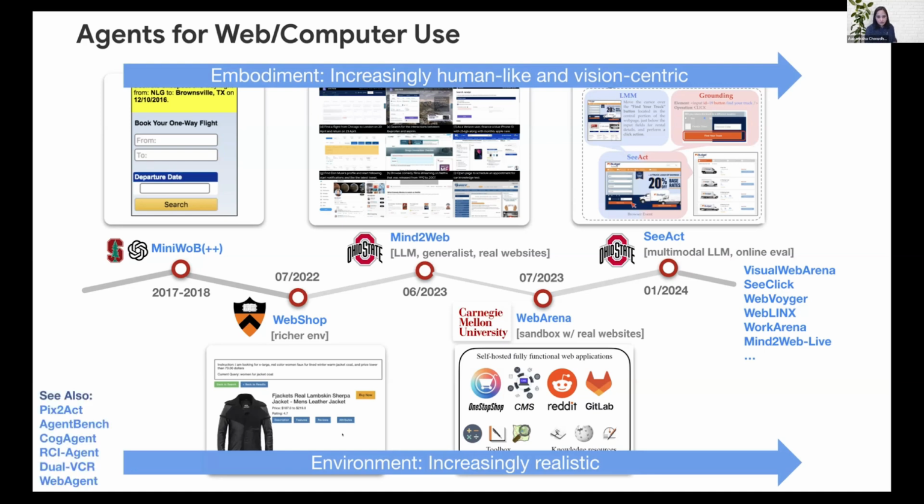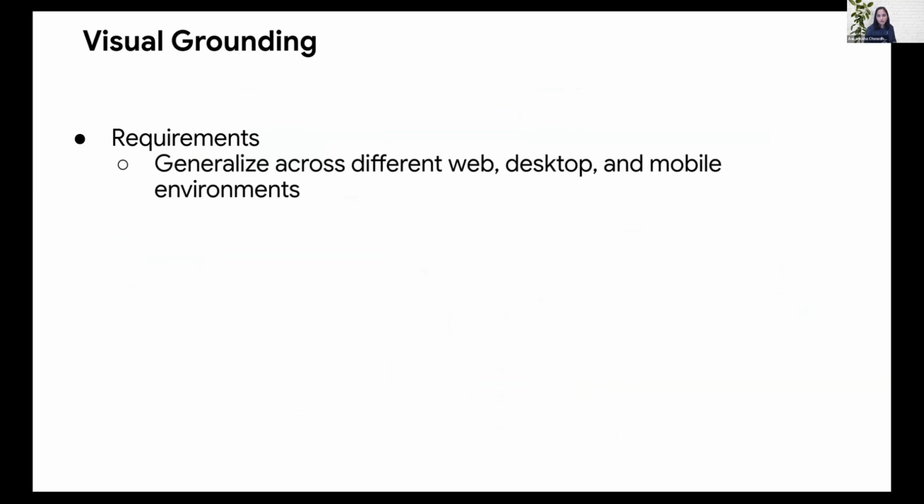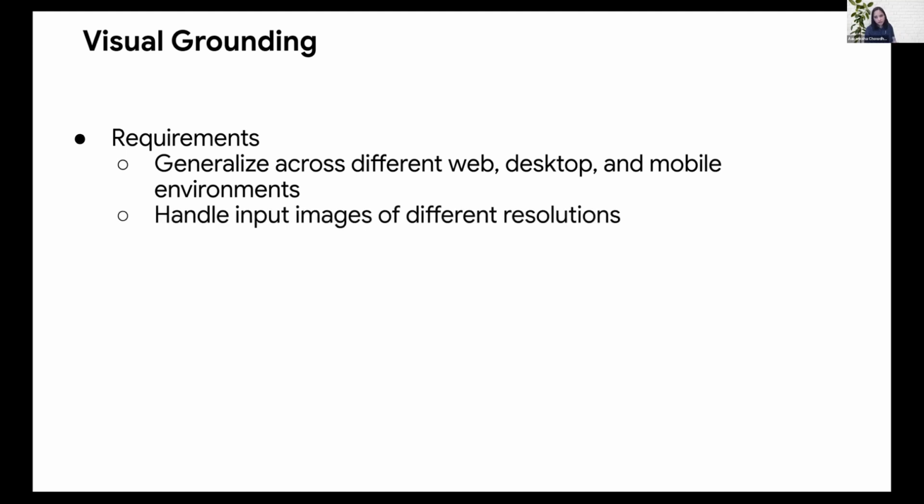And there are several other papers that have tried to tackle this problem. One of the key challenges in solving such problems is to get visual grounding in the correct formats. In robotics, we talked about the spatial reasoning problem and being able to understand relative distances. In computer use problems, a lot of the requirements come from being able to generalize across, say, desktop, mobile, and web environments, and then being able to handle input images of different resolutions.